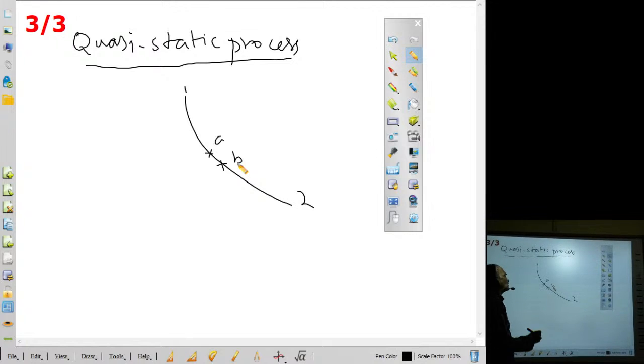Now, what is the pressure at point A? 1.5 bar. What is the pressure at point B? Sir, 1.9 bar. No, it is too much of a difference. Reduce it. Now you make the pressure 1.5 and here 1.7. No, that is also too much. Further reduce. As you keep on reducing, at one point the final pressure is very, very close to the original pressure.